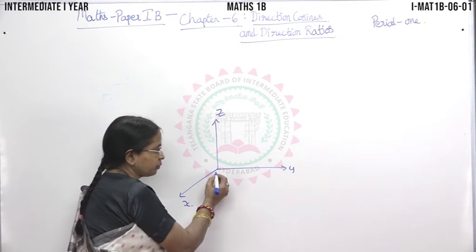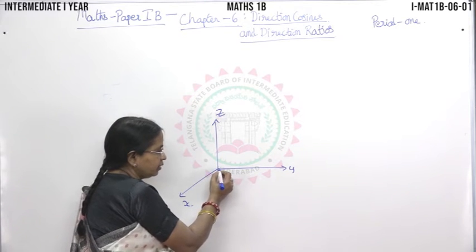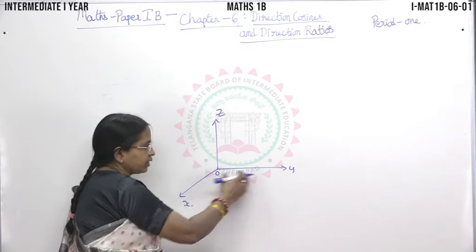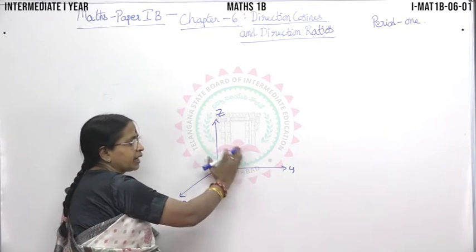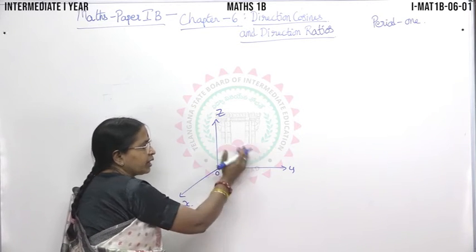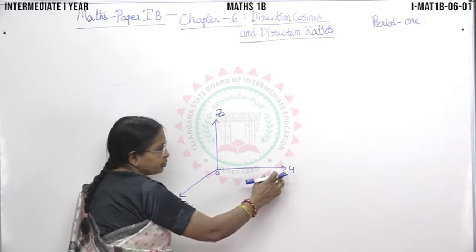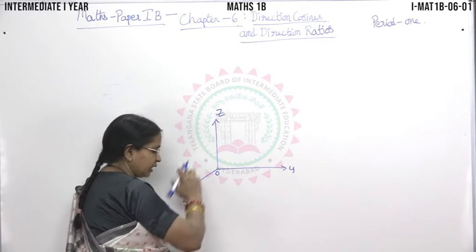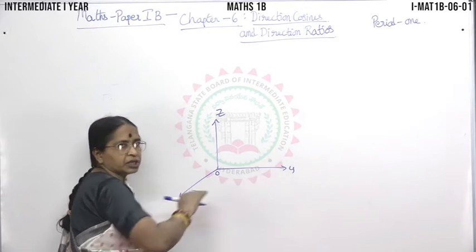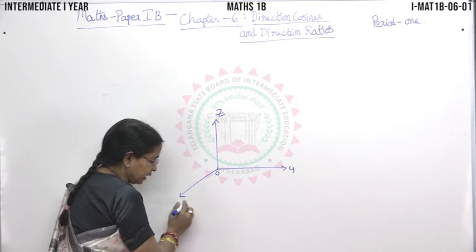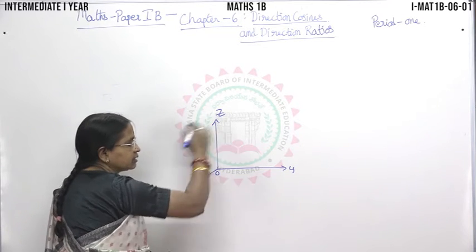I am taking only the positive coordinate axes. It should be in the right-handed system, in the anti-clockwise direction. Sometimes you may take here x, here y, and here z. It should be in this rotation type. So like this, we will take x-axis, y-axis, and z-axis.